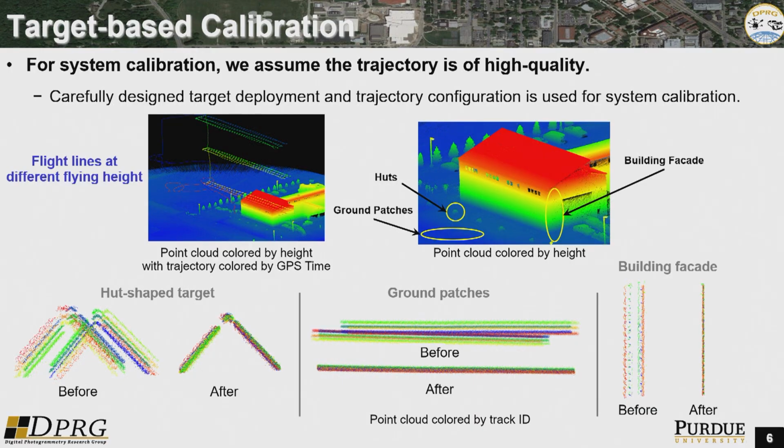And then you try to optimize the mounting parameters and the interior orientation parameters to make sure that all these things fit together. So that's what we have in the bottom row before, where you see ghosting or different versions of the same calibration feature, whether it's a hut, for example, or the ground or building facades.